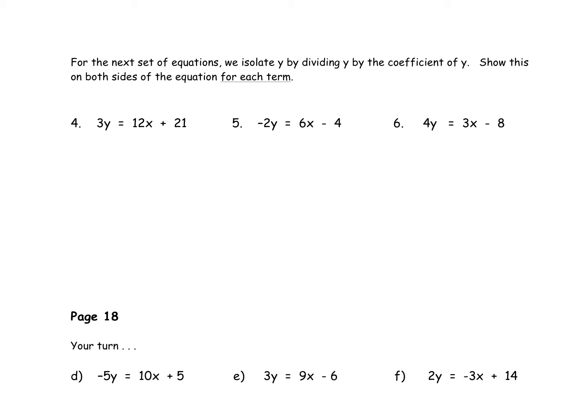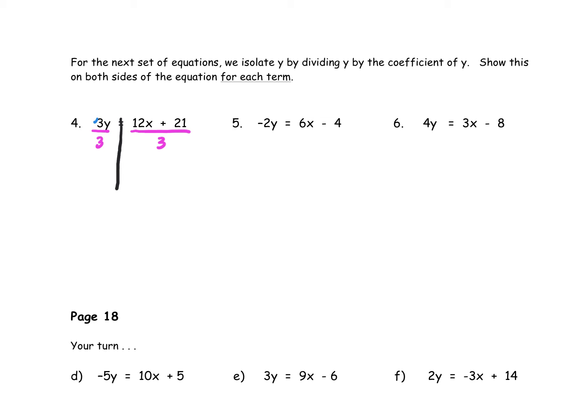So we're going to start by building our wall, as we normally would. We want to eliminate the coefficient of 3 next to y, so we're going to divide, because side by side is multiplying. Now we're going to divide, but we have to divide the entire other side by 3.